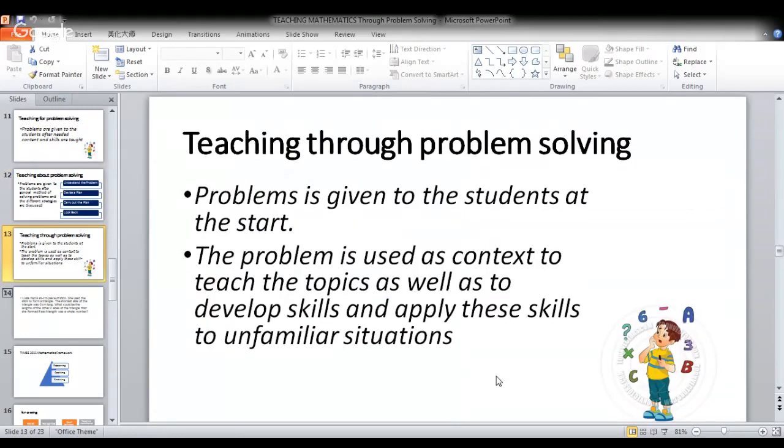So what is this teaching through problem solving? All right, thank you, Mark. Here, problems are given to the students at the start. That's why, as I told you a while ago, with the problem that I've been using in teaching algebraic expressions, I gave the second problem.